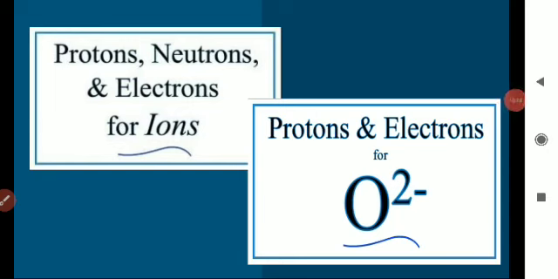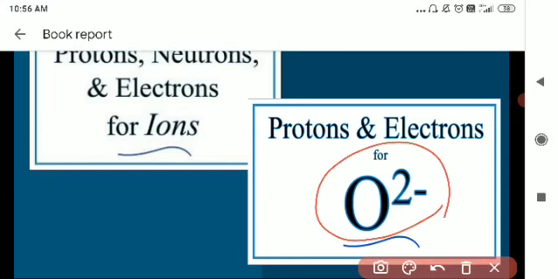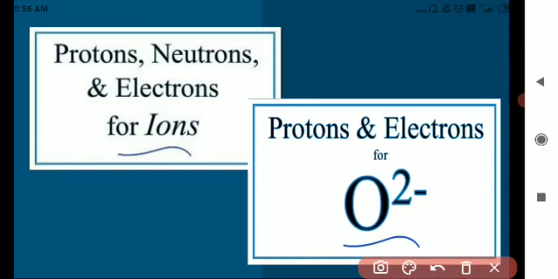So here you see, we already know the atomic number of oxygen is 8 and mass number is 16. So the number of protons will be what? Proton number will be 8, right?